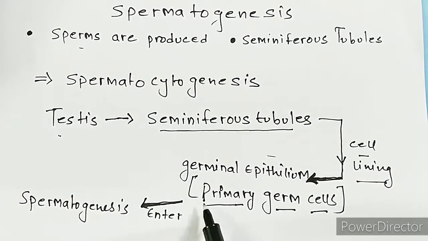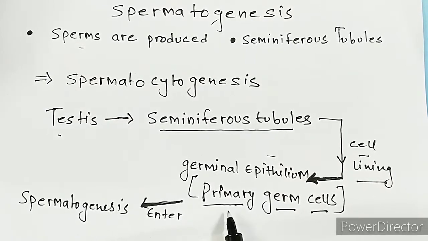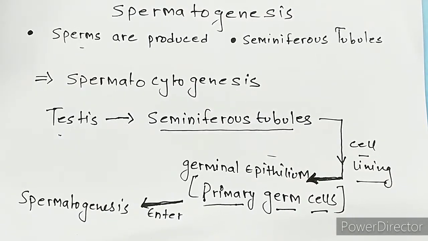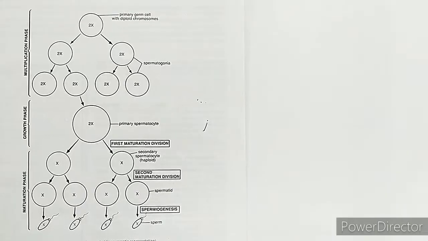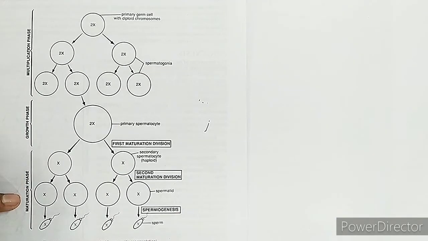So these primary germ cells are the cells which enter spermatogenesis, and these germ cells are no different than any other cells of our body, because they contain the same amount of chromosomes as somatic cells before they enter spermatogenesis. And this is how a diagrammatic representation looks, with the multiplication phase, then the growth phase, then the maturation phase.